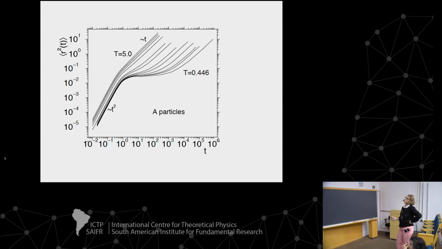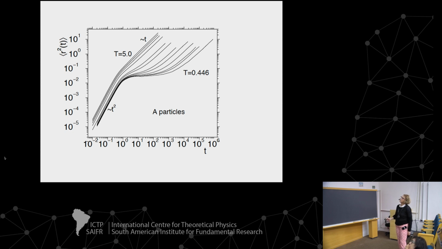So this is the mean square displacement. This is the first one that I show you calculated in a simulation. As you can see, at high temperature, equal to 5.0, you have a log-log scale here. You have ballistic motion, and then you see the slope changes, and then it's proportional to t.